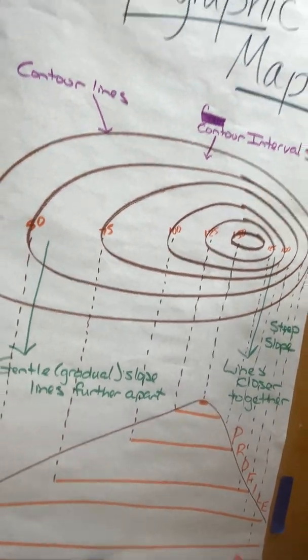Hopefully that will help some of you on the topographic maps. I'm going to give you a little hint. A lot of the topographic map questions that you might see, pay close attention to the key, because that is going to actually be the key to answering the question.